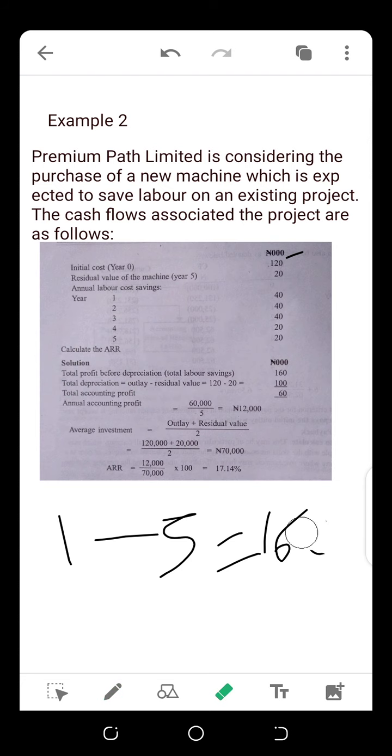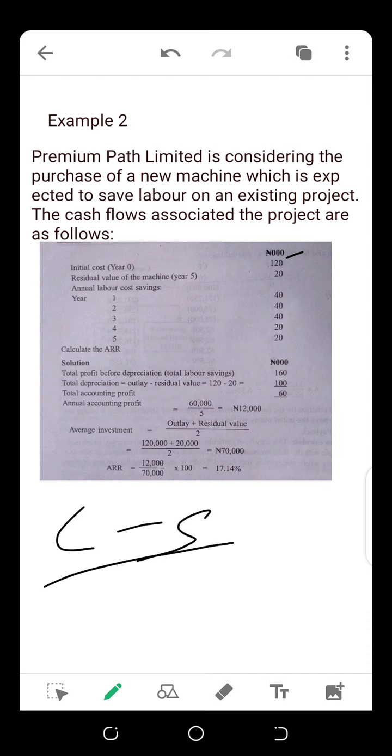Let's go back to our elementary class. Don't forget that in our elementary class, we say that cost minus scrap value divided by the years, the useful life, gives us depreciation for each year. Now, cost is how much? 120.